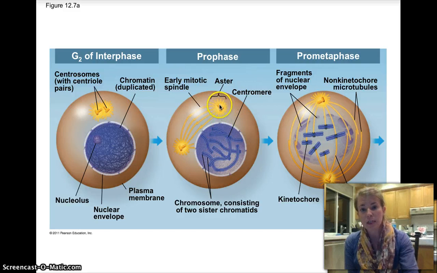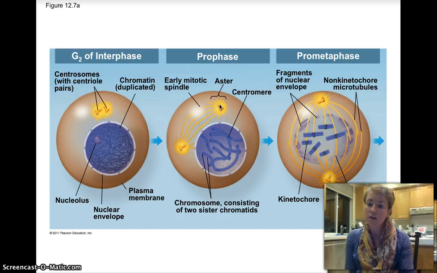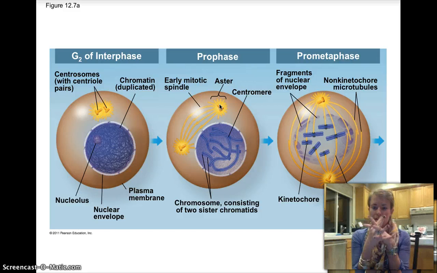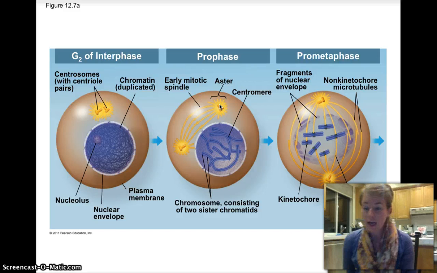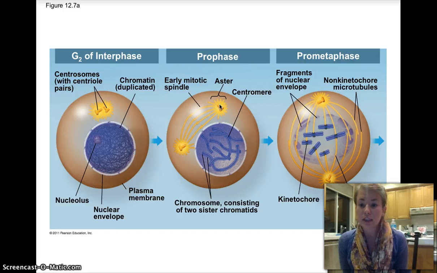And they start producing long strands of microtubules, and those are called asters. Sticking out everywhere around the centriole is a bunch of microtubules, forming a radial array, and that's called the aster. So that's prophase. The main events during prophase are that we start to see the chromosomes, and the centrioles start to separate.